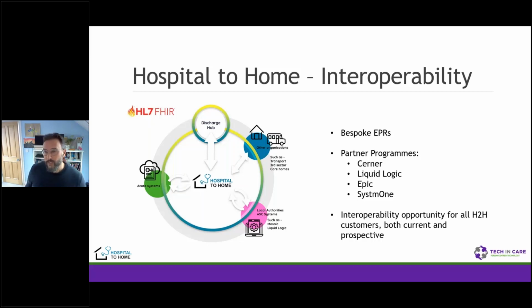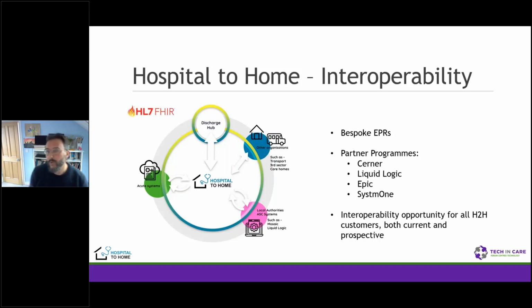One of the reasons that we focused Hospital to Home to be a really minimal data set is to avoid asking people manually to enter information that may be on other systems. And we know that by introducing yet another system, the risk is that we become the straw that breaks the camel's back in terms of the amount of systems that staff are being asked to engage with and work with on a daily basis. And obviously we want to avoid that.